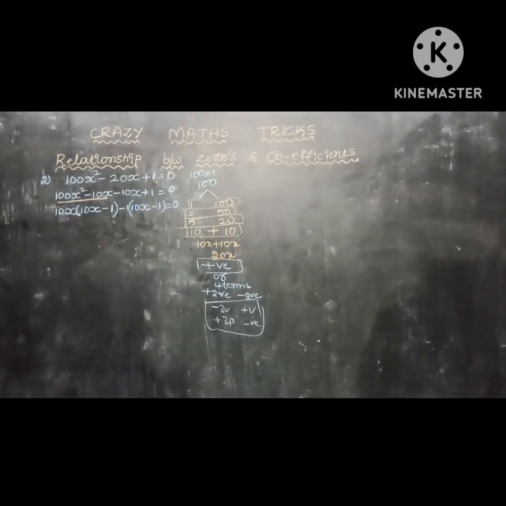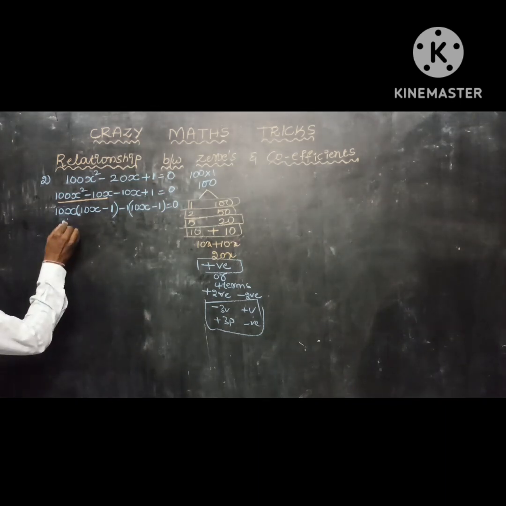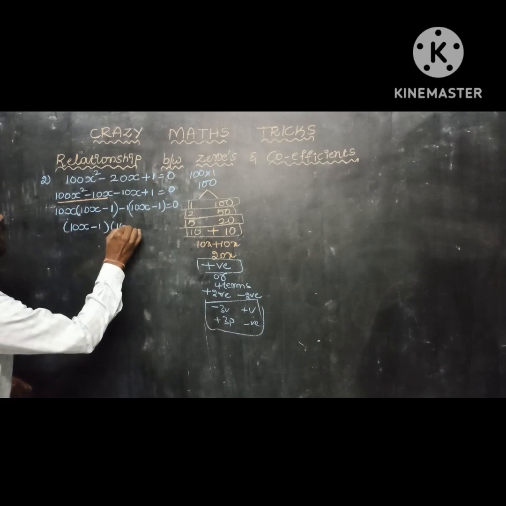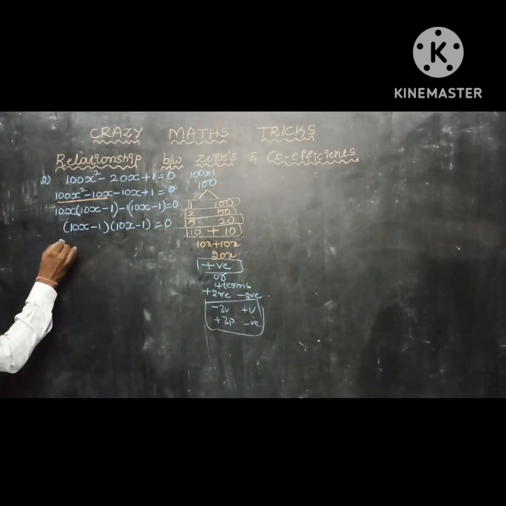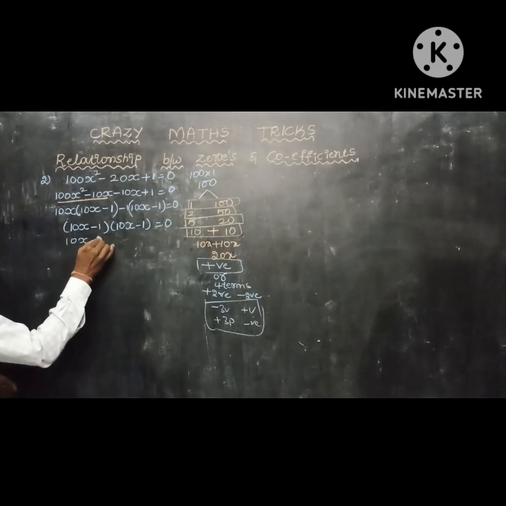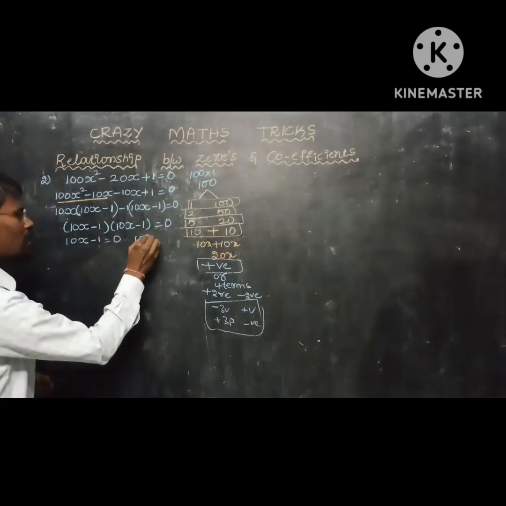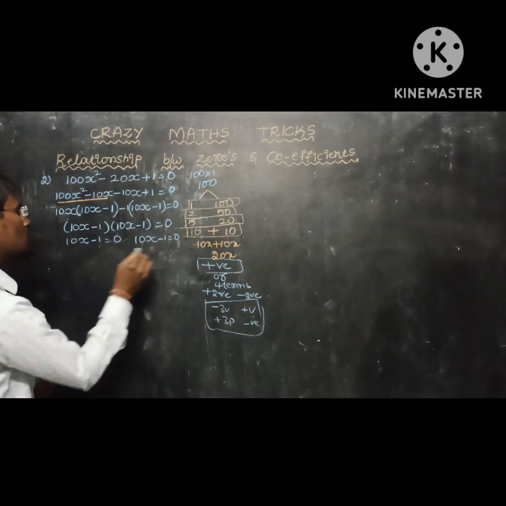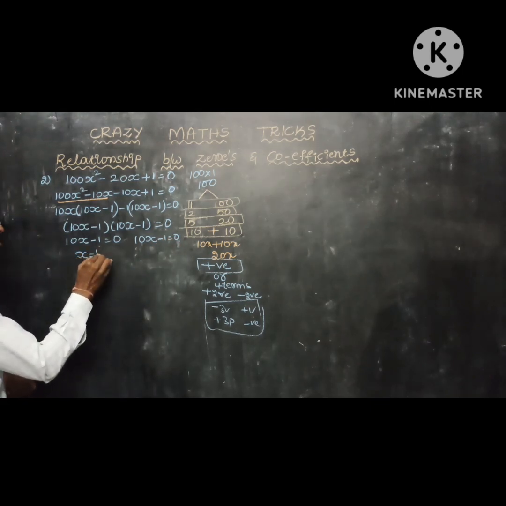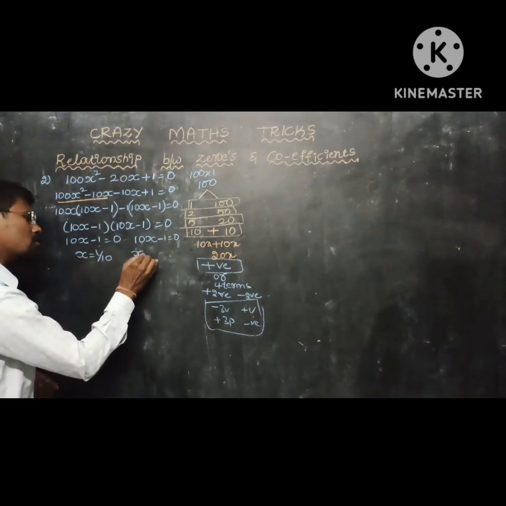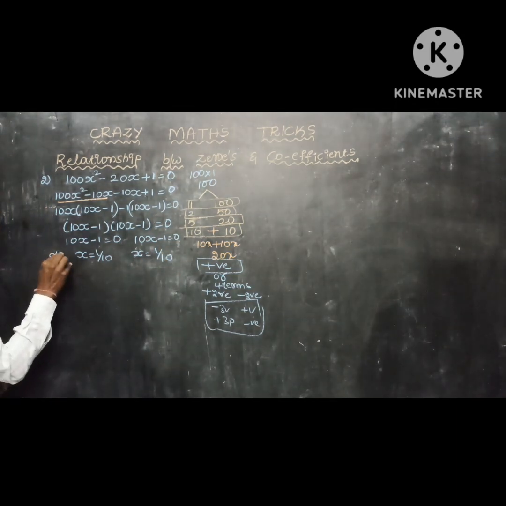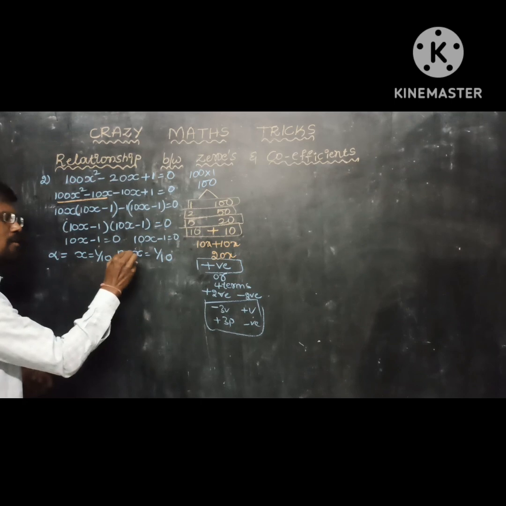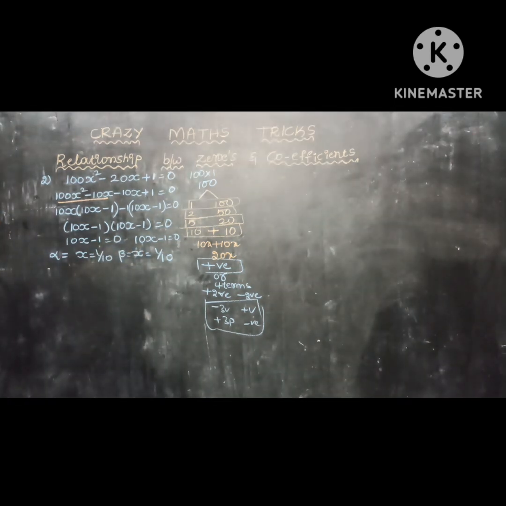Now in the whole polynomial, what is common? 10x minus 1 into 10x minus 1 is equal to 0. Then next we write 10x minus 1 is equal to 0, 10x minus 1 is equal to 0. Finally we get x is equal to 1 by 10 and x is equal to 1 by 10. Means alpha, beta, both we got the same values.